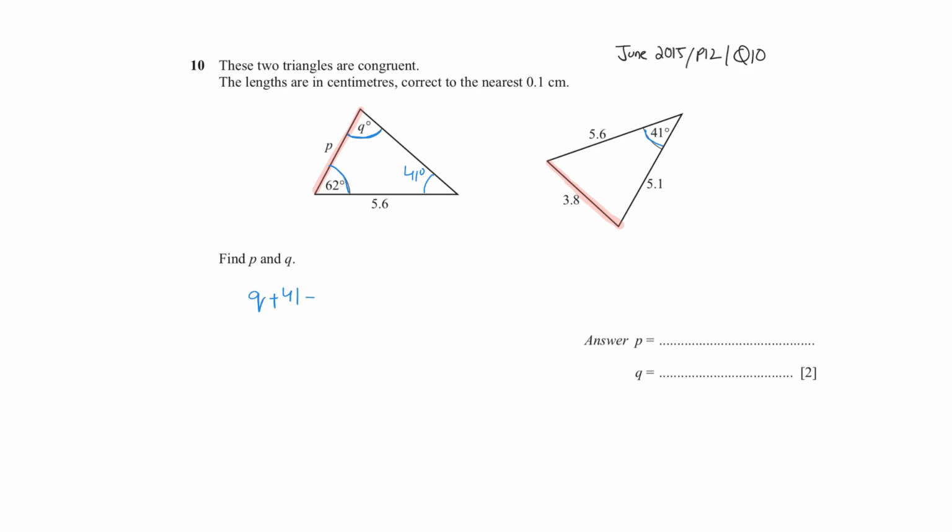So when you add all the angles, the sum should be 180 degrees, and you can get the q value from here, that comes out to be 77 degrees. And p corresponds to 3.8, because these two are the corresponding lengths. So the value of p is 3.8 and the value of q is 77 degrees.